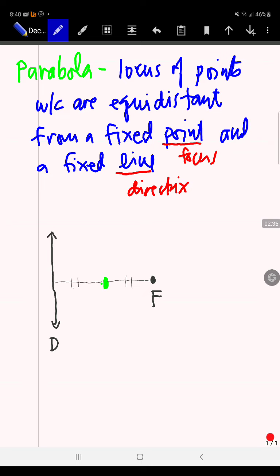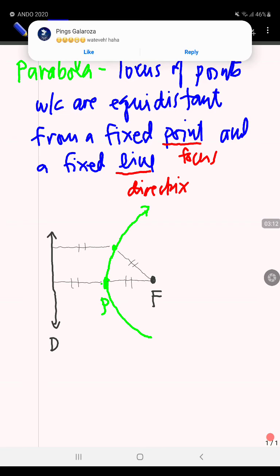So if the point P will move, it should be in a manner that it maintains that equal distance from F and D. Say this should be equal to this, like that. So the parabola is formed like this, in both directions.